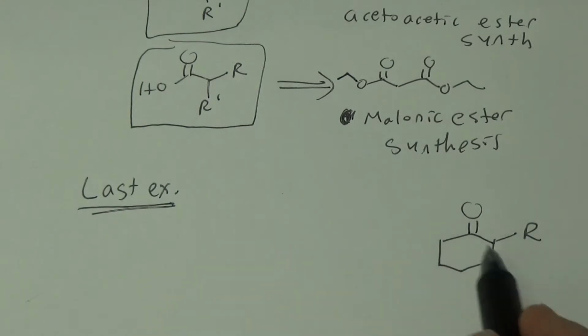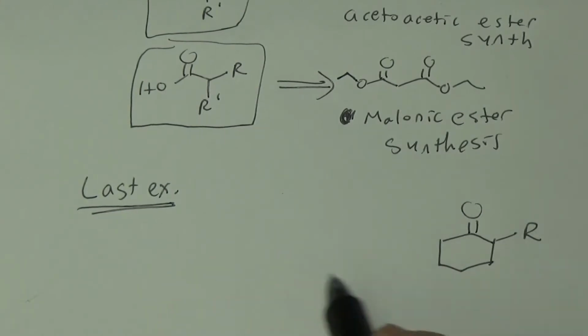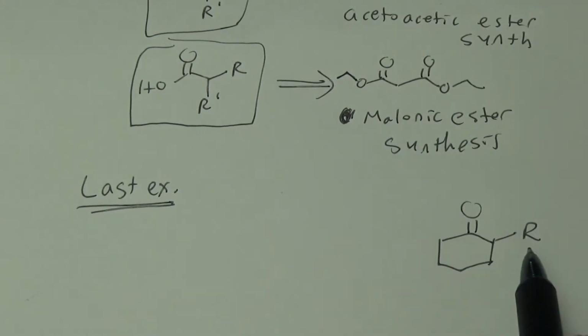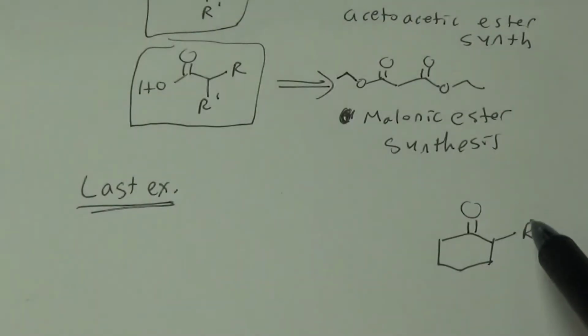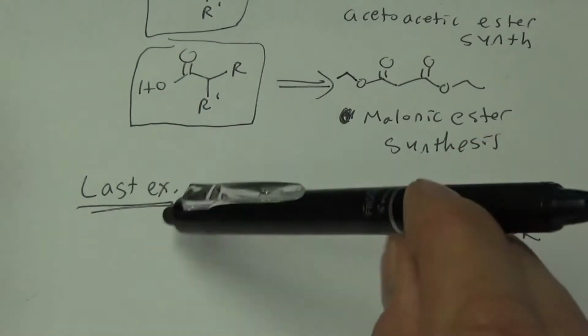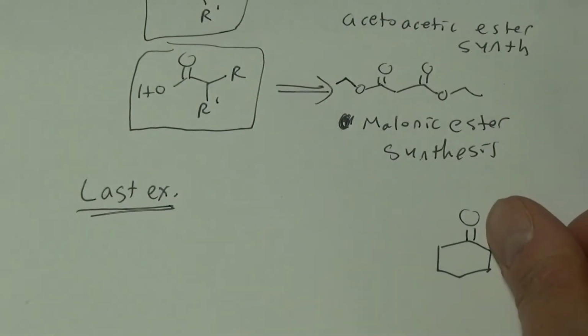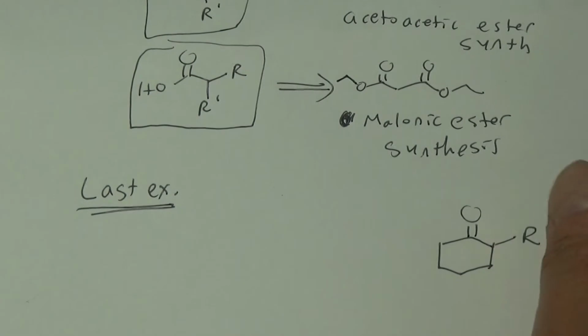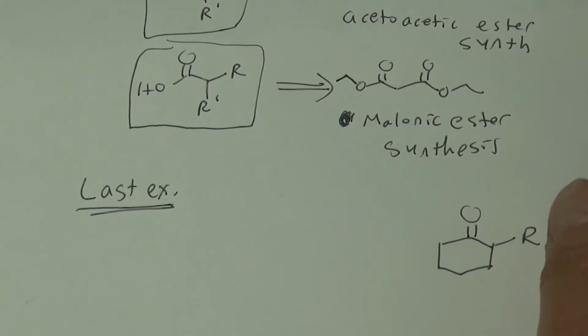I'm purposefully drawing it on the right because I'm going to do some stuff on the left. Say I really need to make that. You learned how to attach R groups to a ketone, right? Like you'd start maybe with cyclohexanone. We did learn that that's kind of hard actually. It looks so easy, right?